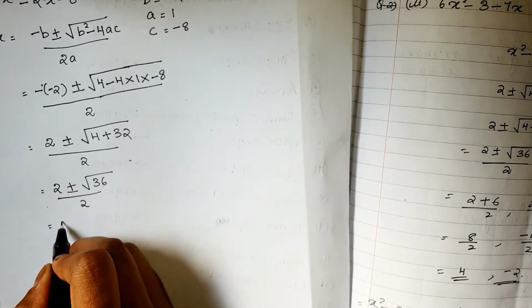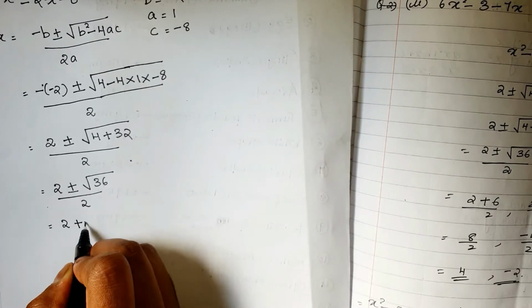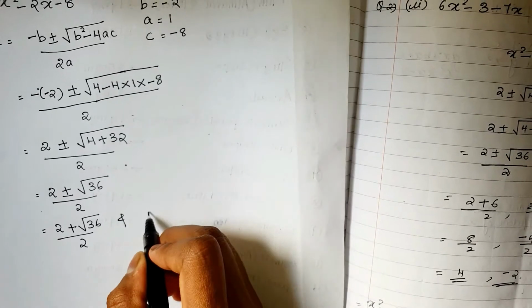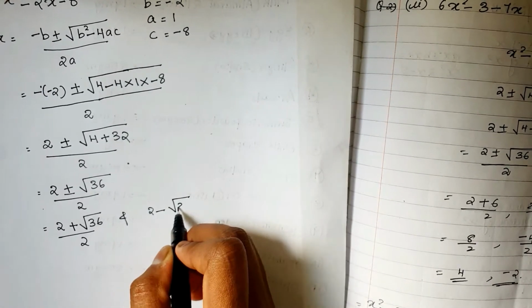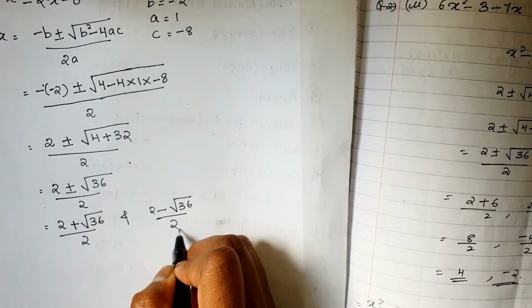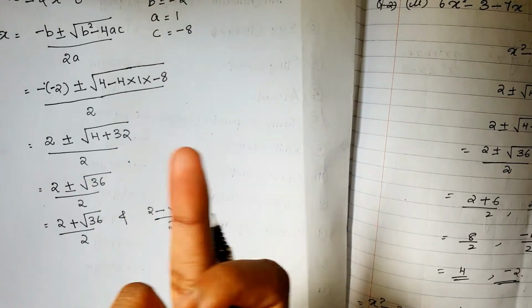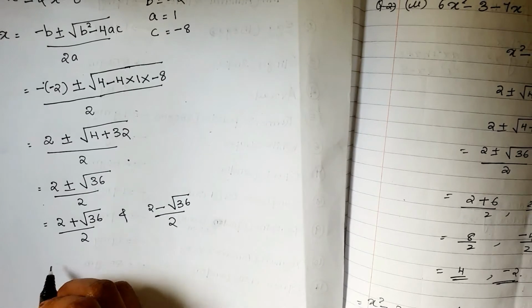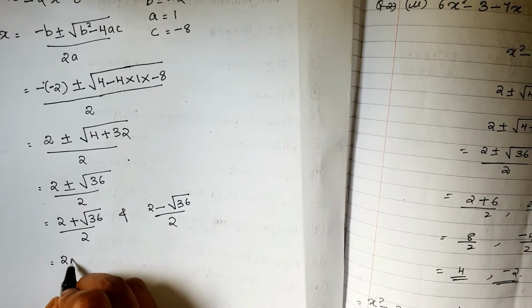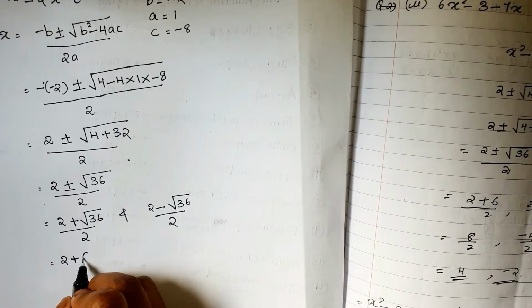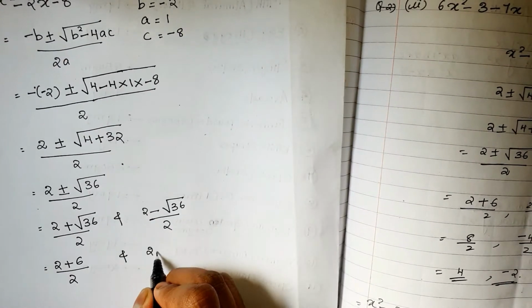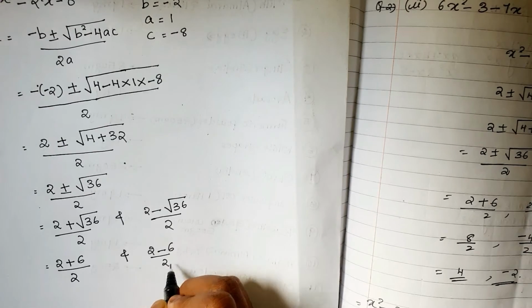That is equal to 2 plus root 36 by 2 and 2 minus root 36 by 2. Or else you can find the value of root 36 and then proceed. Now next, 2 plus root 36 is 6, by 2, and 2 minus 6 by 2.